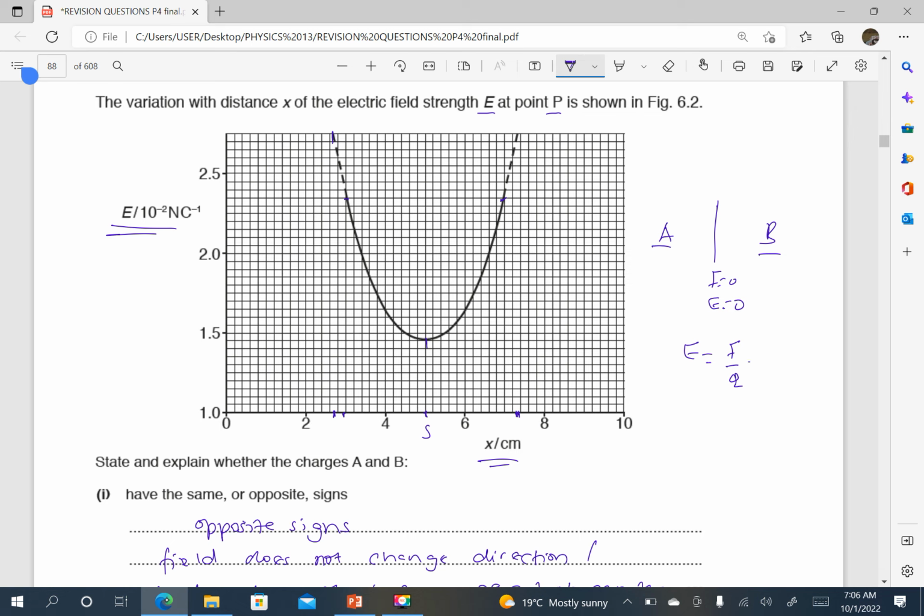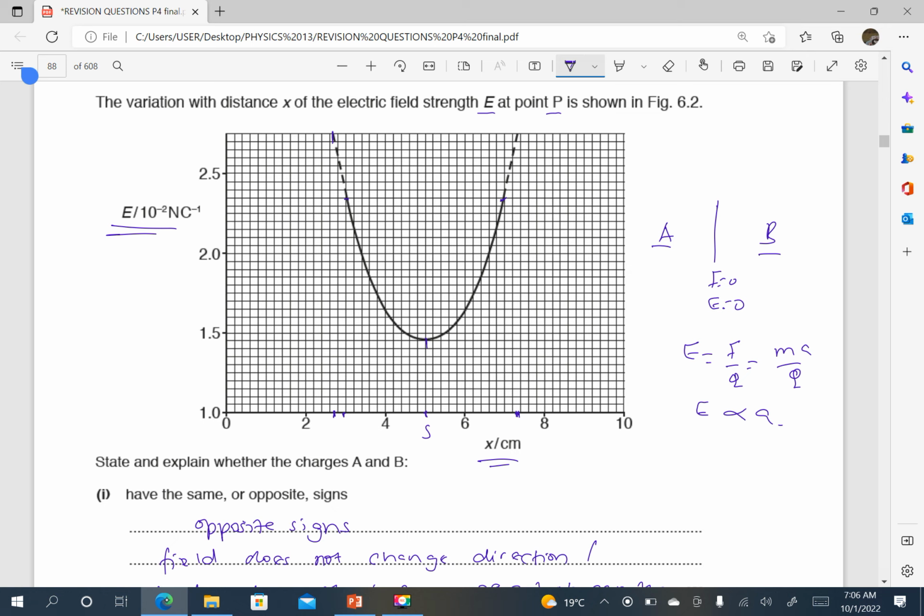In other words, electric field strength is equal to ma over the charge. So the field strength E is directly proportional to the acceleration. When E decreases, it means the magnitude of force is decreasing. And because force is mass times acceleration, it also means that the acceleration is decreasing.